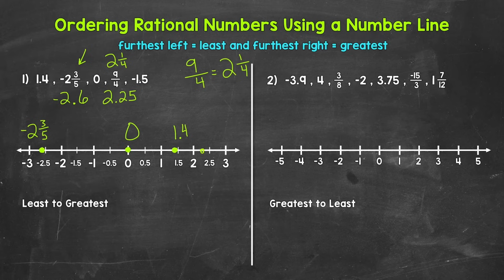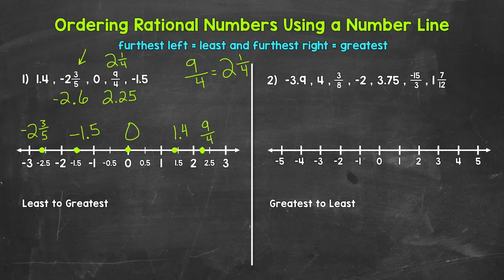So let's place 2 and 25 hundredths right here, or 2 and 1 fourth, and we will write the original improper fraction. And then lastly, we have negative 1 and 5 tenths, which is negative 1 and a half. This is between negative 1 and negative 2. We are to the left of 0 here. We have a negative. So negative 1 and 5 tenths is right here.